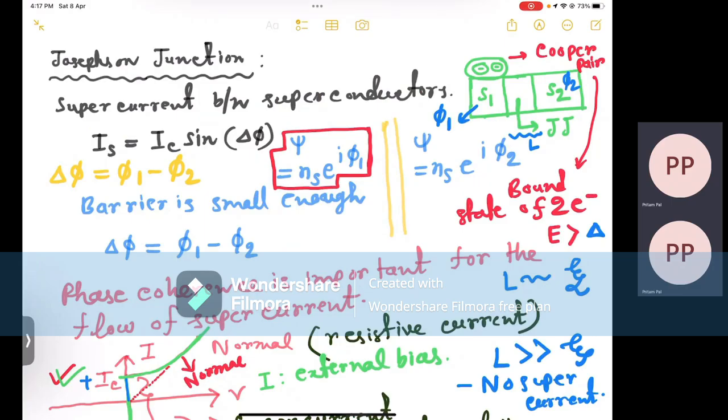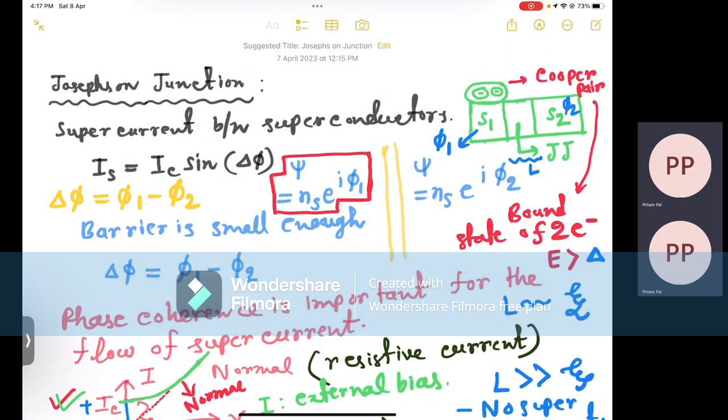This is very important: the Josephson phenomena and effect is very important in the field of superconductivity. So how do we get a Josephson junction? I think it has already been taught to you by the instructor, and just for the sake of remembering, I'll repeat. Let's say we have two superconductors.